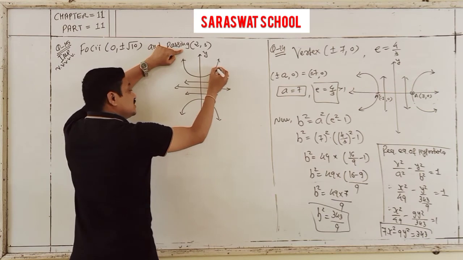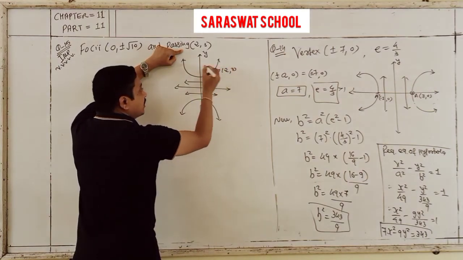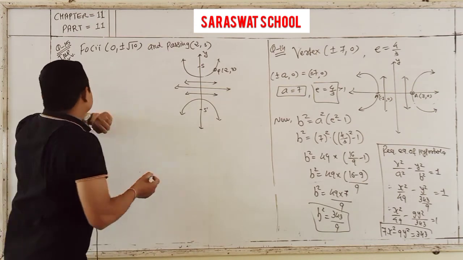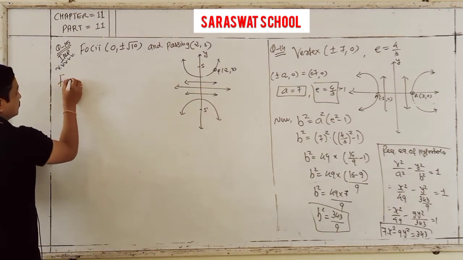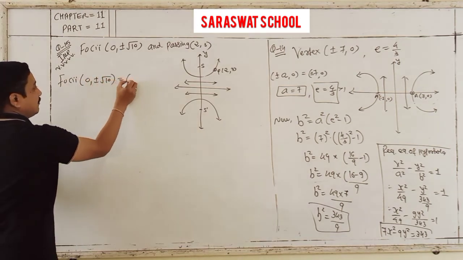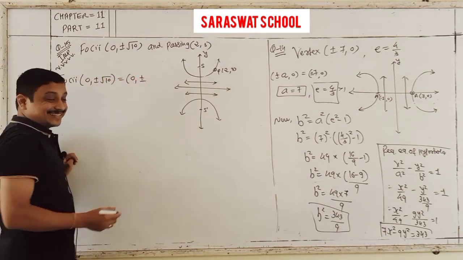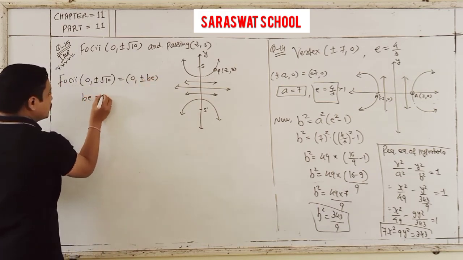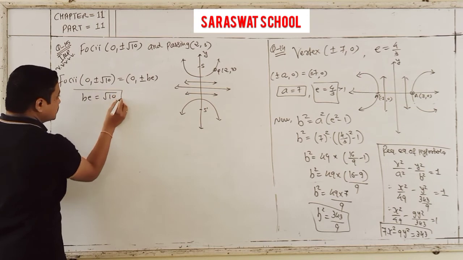It means you are here, students, in the first quadrant. Here is your focus. Very easy. The focus is 0 comma plus or minus root 10, but I will write 0 comma plus or minus be. So be becomes root 10.